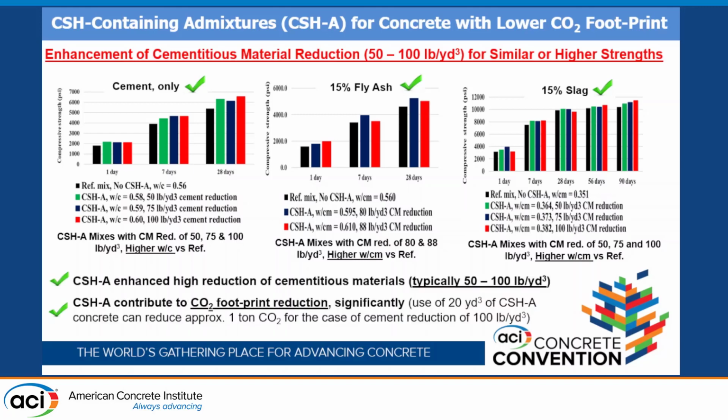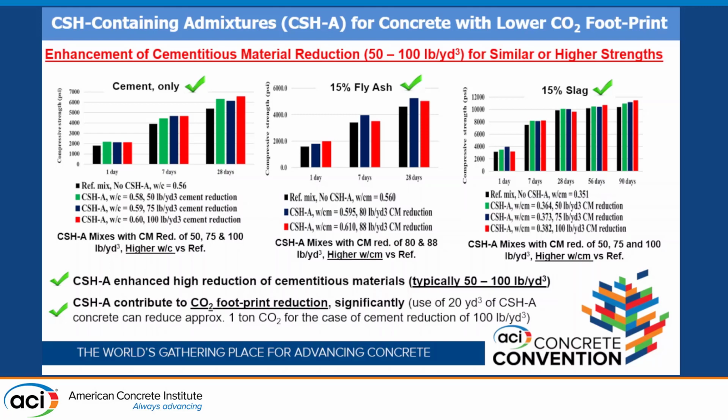So we can say that CSH containing admixtures enable high reduction of cementitious materials, typically from 50 up to 100 pounds per cubic yard. So therefore, it can reduce the CO2 footprint significantly.